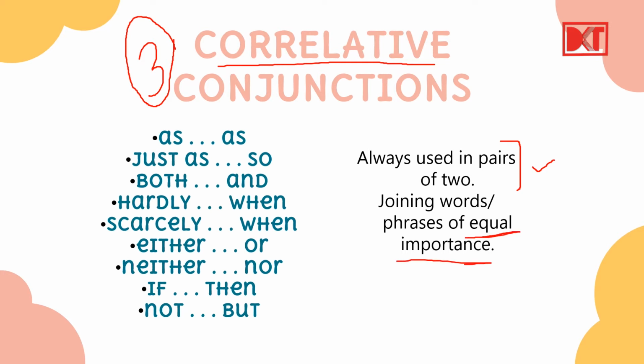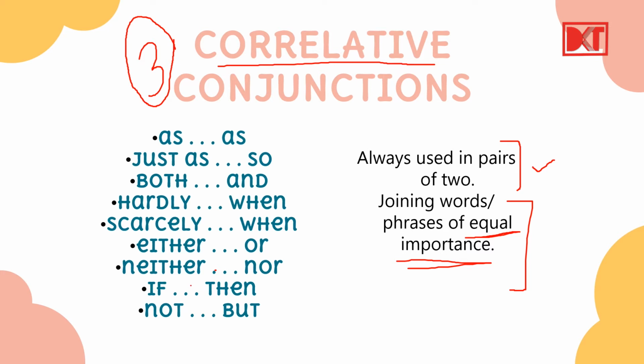Equal importance words or phrases को join करते हैं. Let's see the examples. As and as, just as, so, both, and, hardly, when, scarcely, when, either or, neither nor, if, then, not, but. Now how can we use these?